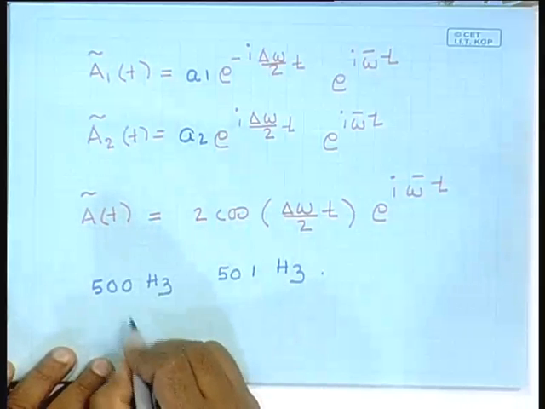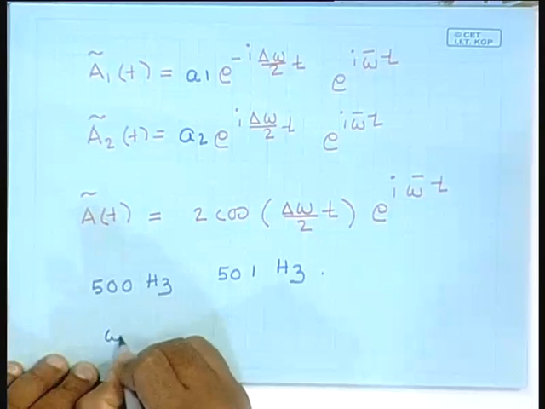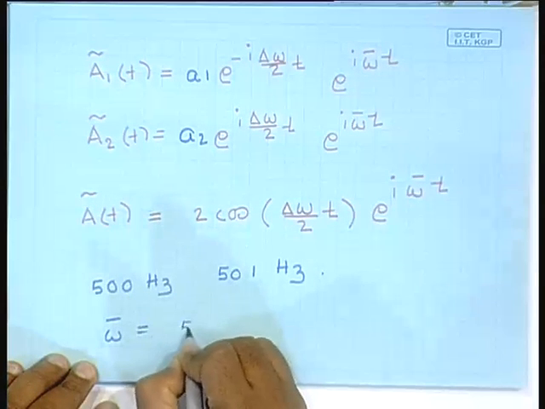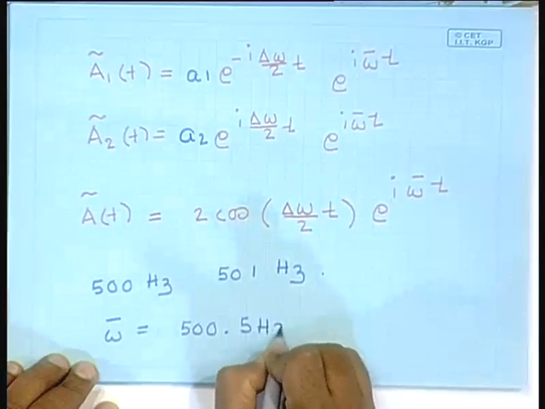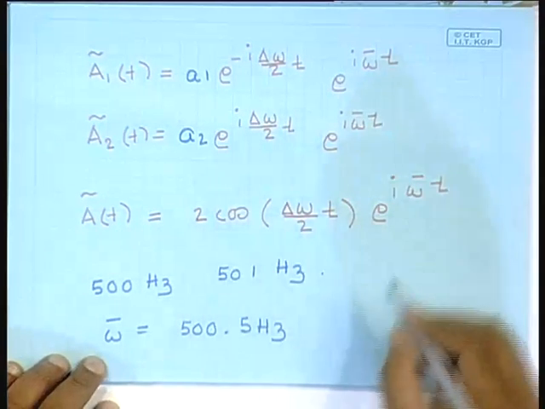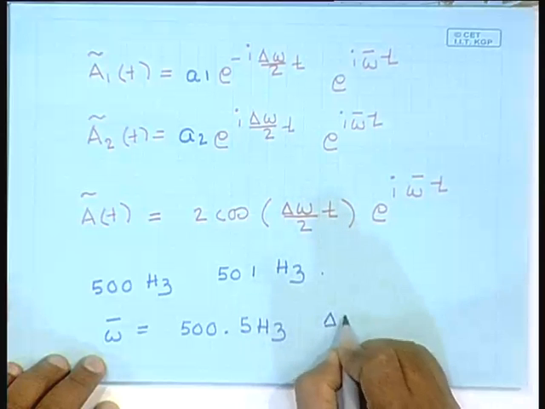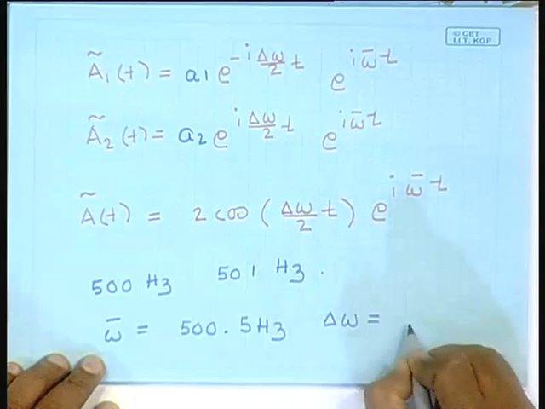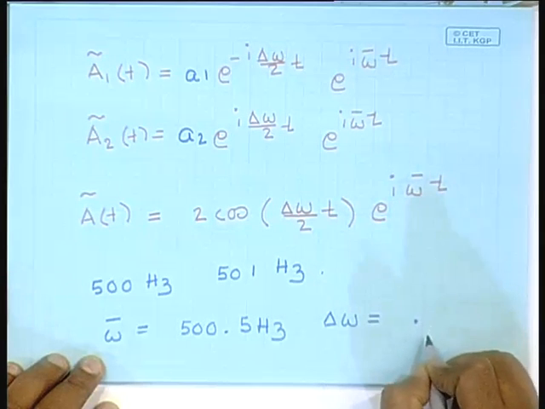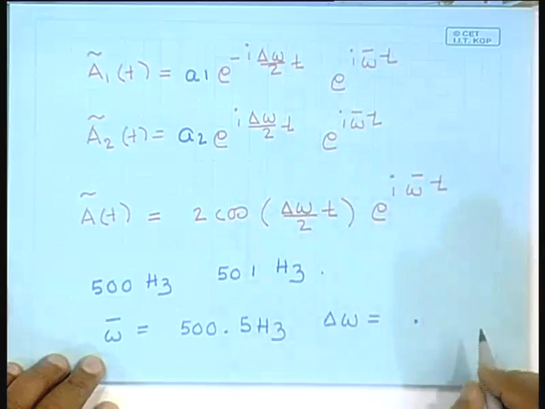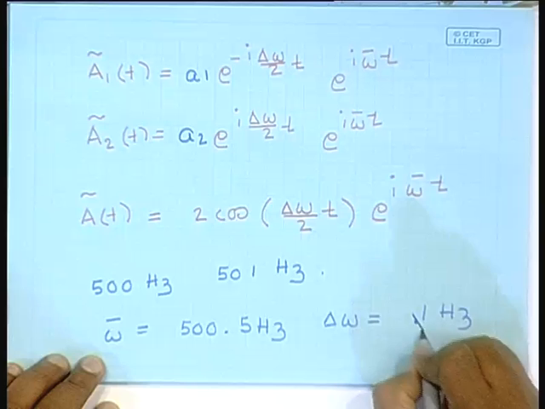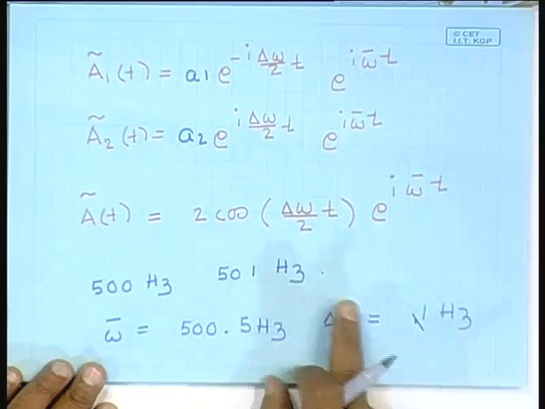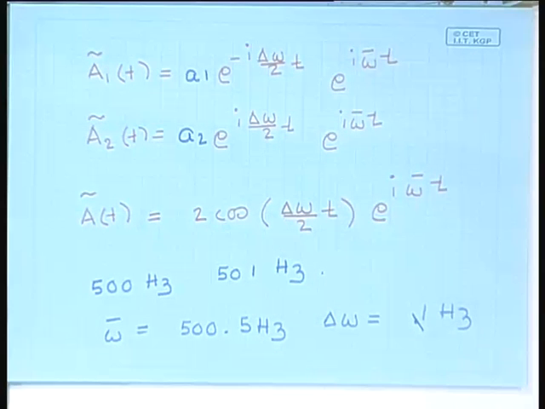The fast oscillation is going to be at the average omega bar, which is 500.5 hertz, and the amplitude of this fast oscillation is going to get modulated at delta omega, the difference, which is 1 hertz, and the amplitude is going to get modulated at 0.5 hertz.